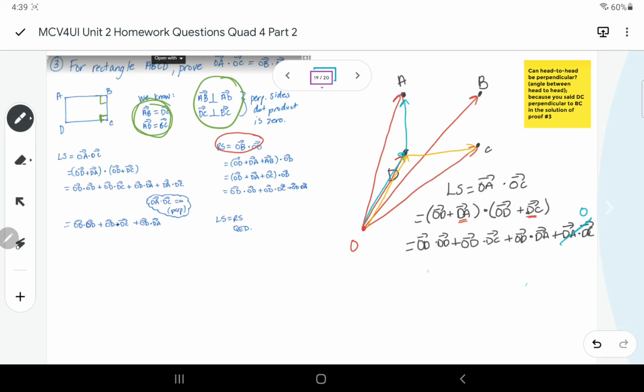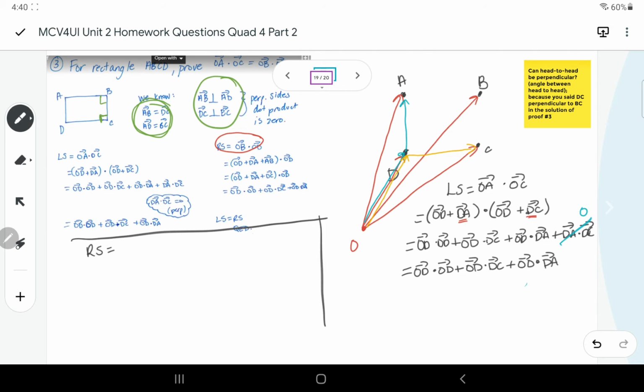So here I can simplify that: OD dot OD plus OD dot DC plus OD dot DA. And then I want to do the same on the right hand side. So I'm going to take a look at the right side here, and I started with OB dot OD.